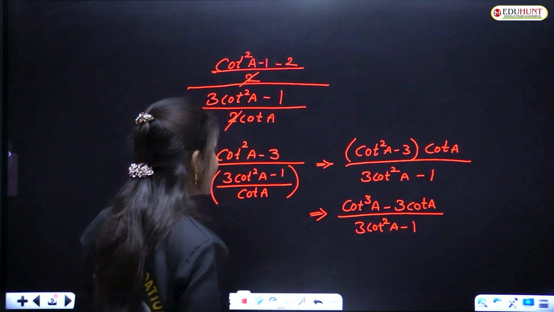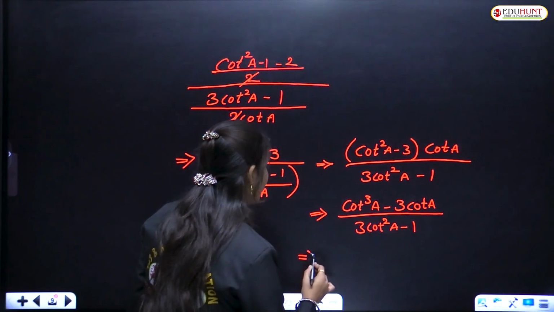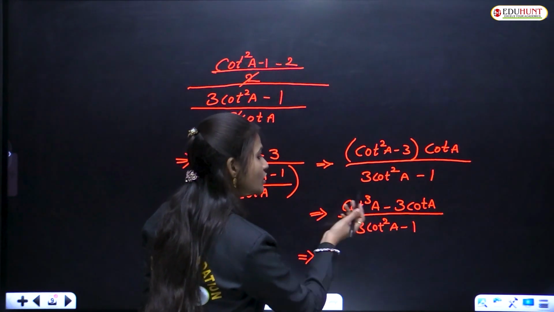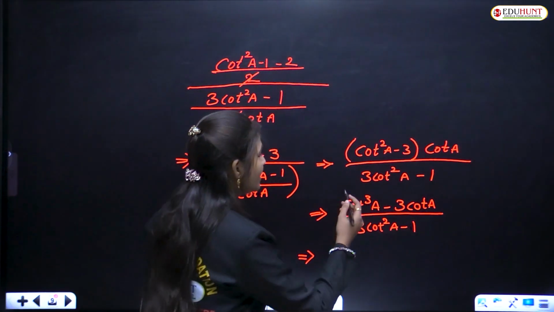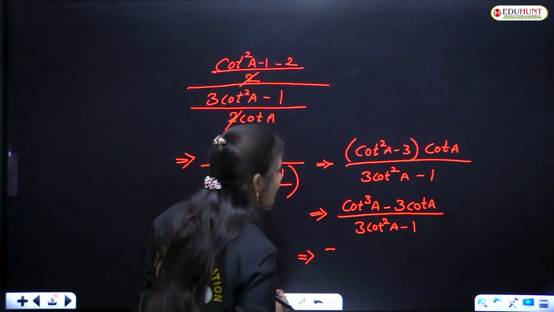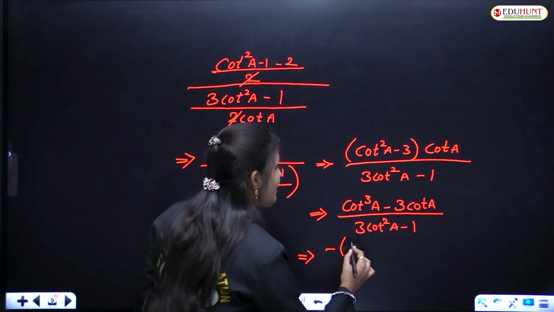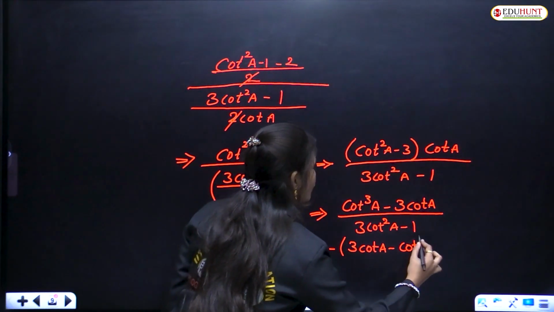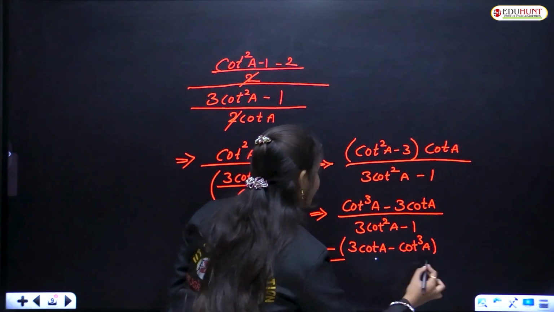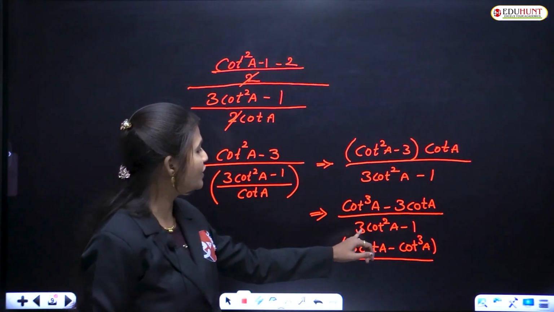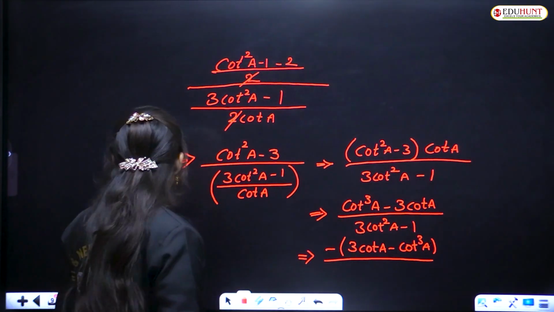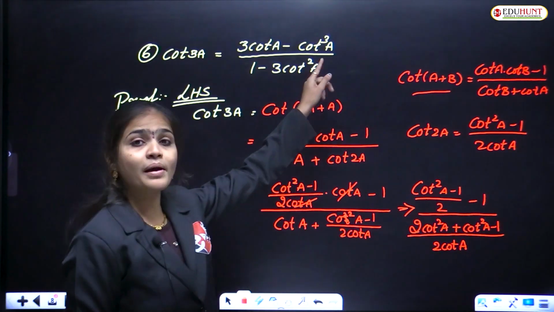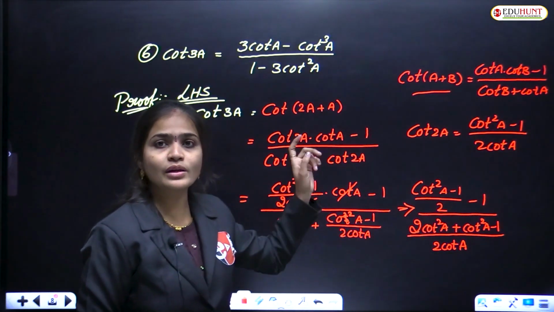So that's why I want to take minus as common from the numerator. Take minus as common, then we get 3 cot A minus cot cube A. Understood? In the denominator also we have 3 cot square A minus 1, but here we need 1 minus 3 cot square A. Here also it is reversed, no?